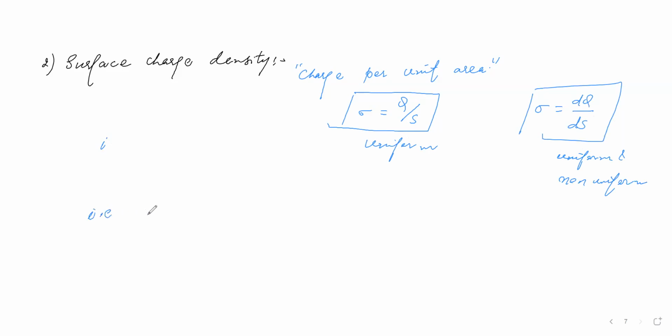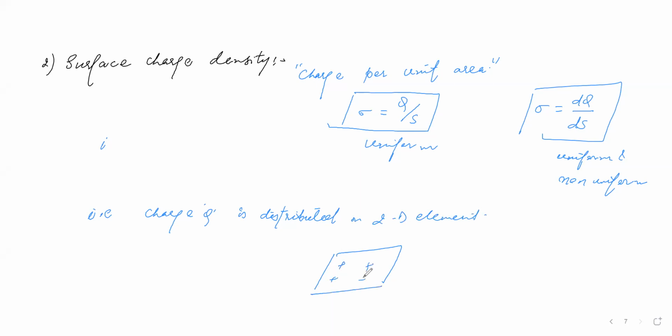You can also write: charge q is distributed on area S like this. Charge q is distributed in a 2D element, a two-dimensional element, like area.